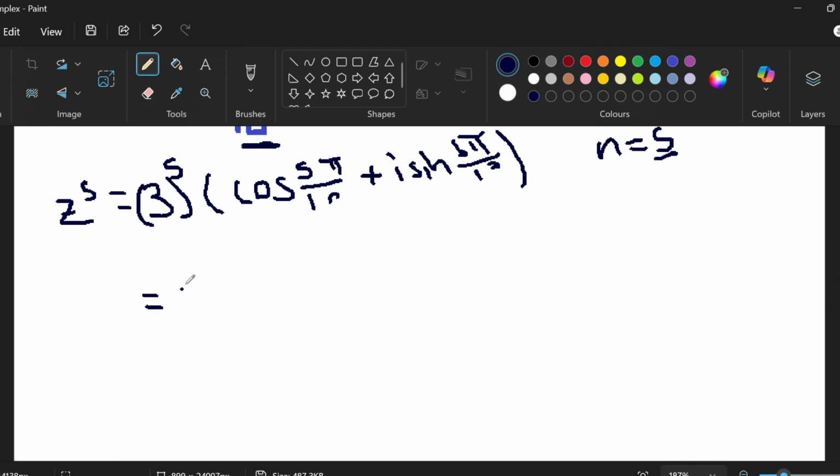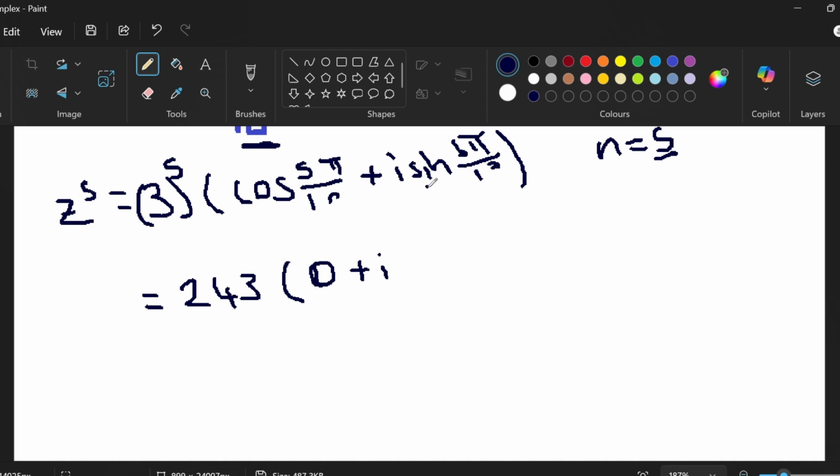This simplifies to 243 times cosine of 5 pi over 10, which is 0. That's just putting my calculator into radians and then typing that in. That's how I figure this out.